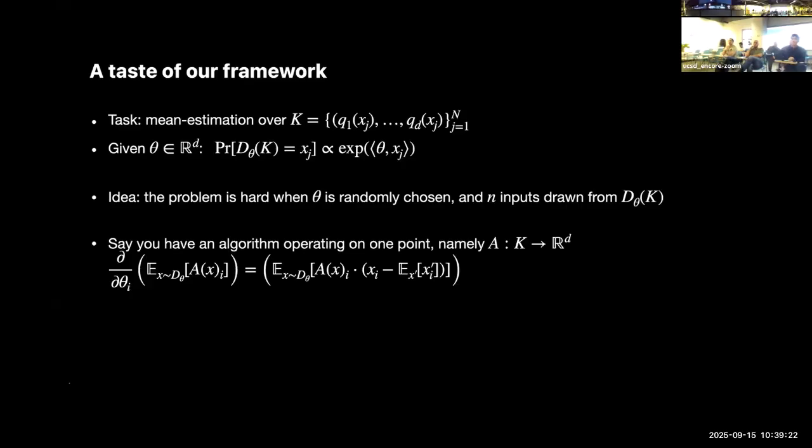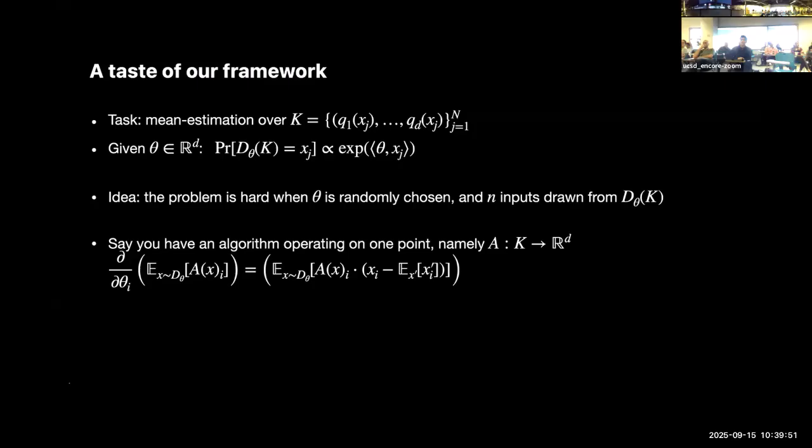Suppose you have an algorithm that only operates on a single data point, just for simplicity. Then look at the average behavior of the algorithm on the distribution, and imagine you move theta a little bit to its neighborhood. Namely, let's take the derivative with respect to theta i.